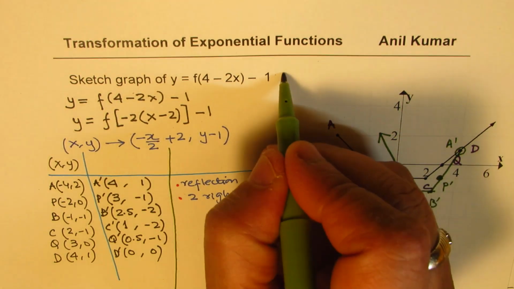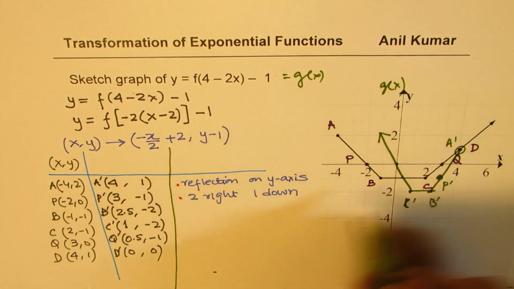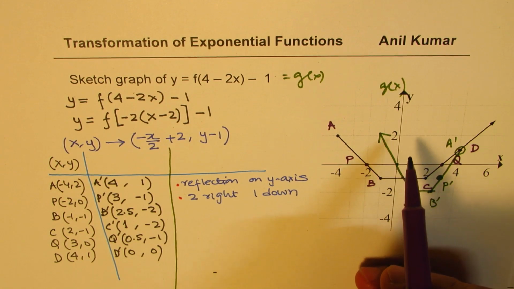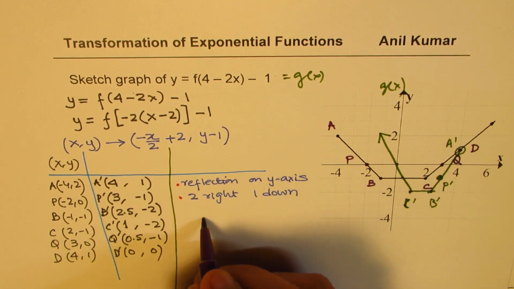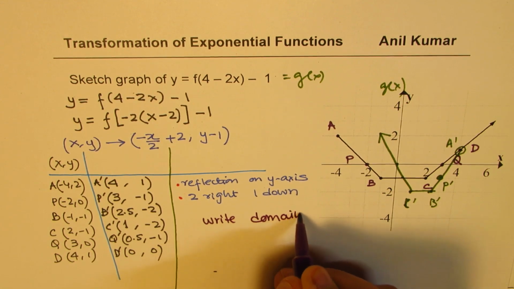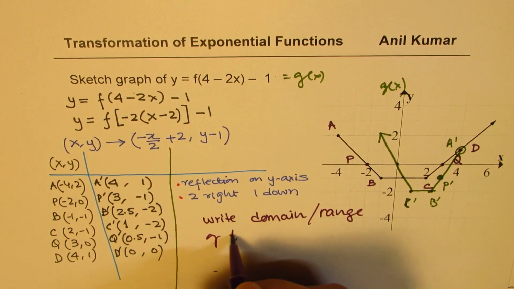We can call this g of x. So that is how you're going to sketch it. Now, as an exercise, you've already seen the domain and range of the function. You need to write the domain and range of the transformed function.